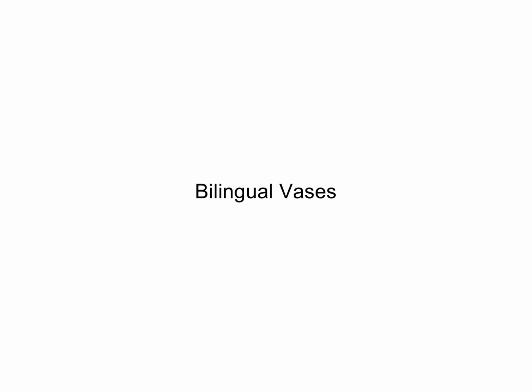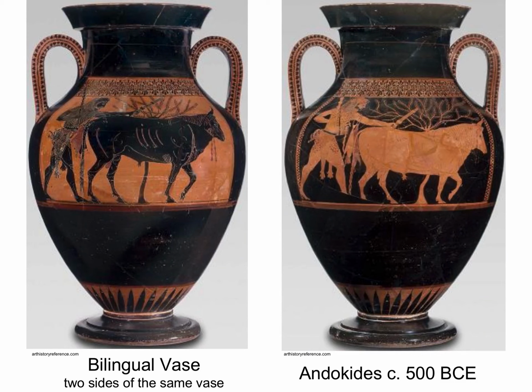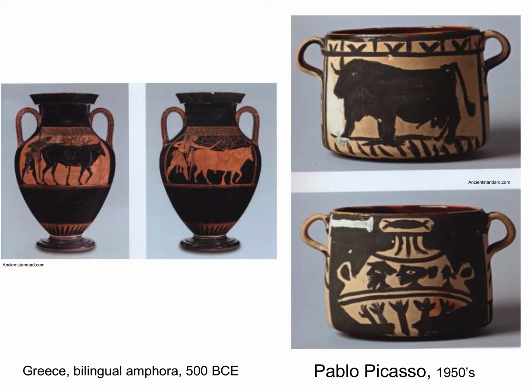Now, it is interesting to consider bilingual vases that combine on one side black figure and on the other side red figure representations. Again, this was invented by Andokidas, a potter and maker of Greek pottery around 500 BCE. What's interesting about the difference between black figure and red figure is that they present a pictorial experience that's quite different.